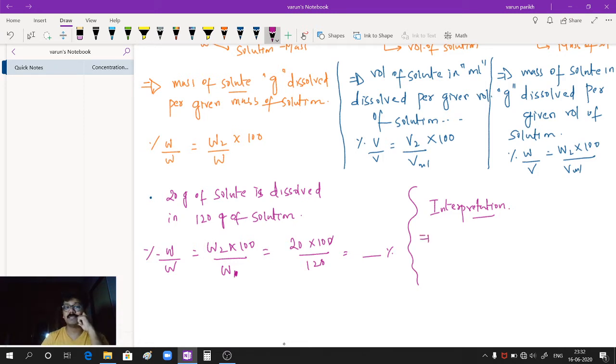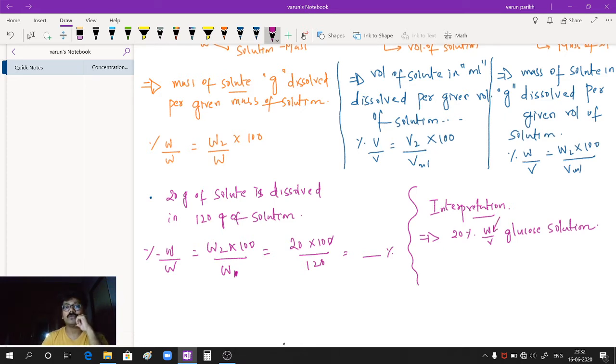If somebody says a 20% mass by volume glucose solution is there, find its molarity, and whatever necessary things are needed, they will give. So you need to interpret this.